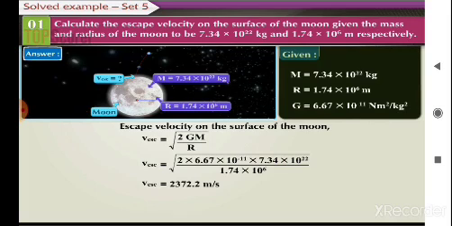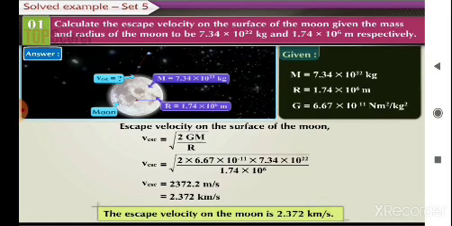Calculating, we get 2372.2 meter per second, which is equal to 2.372 kilometer per second. The escape velocity on the moon is 2.372 kilometer per second.